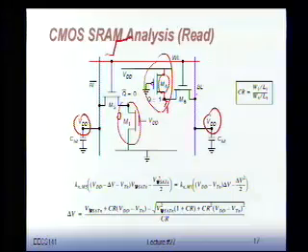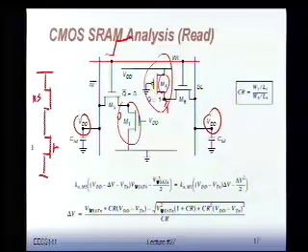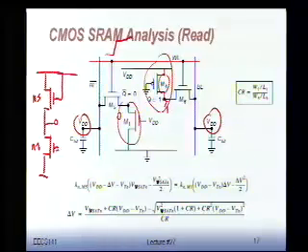Because here, if I redraw this a bit, I have transistor M5 right here, and I have transistor M1, and that's my output. And this thing has a gate at VDD. And this is also at VDD, V out.